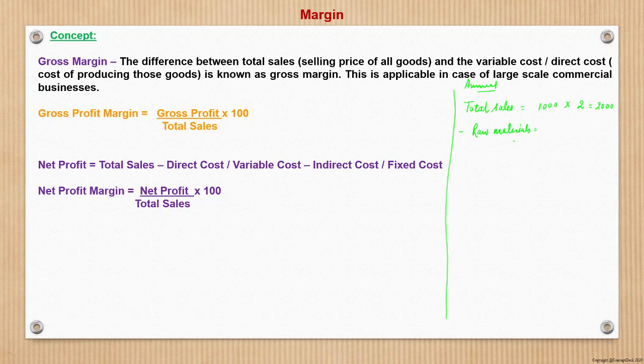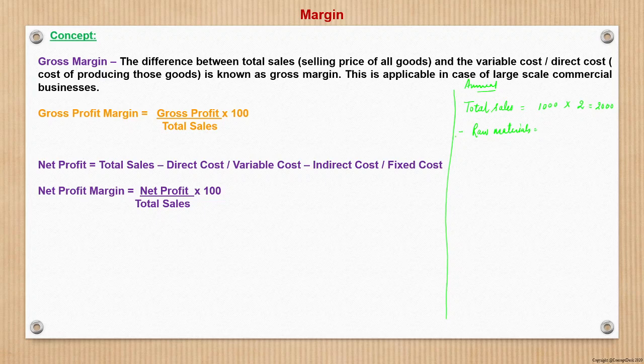And here it must be noted that the raw material is directly proportional to the amount of sales we are doing. Say, if I want to manufacture two pencils, I will require less raw material vis-a-vis if I want to make a larger number of pencils, right? So to make 1,000 pencils, the raw material required would be more in quantum.